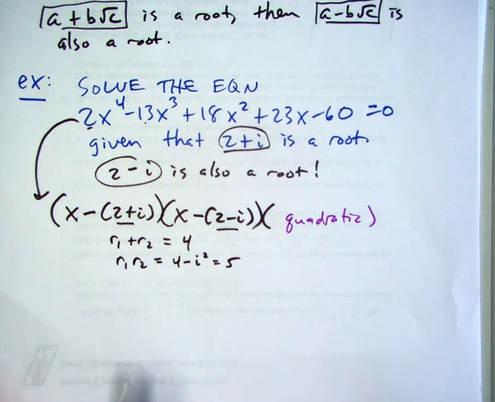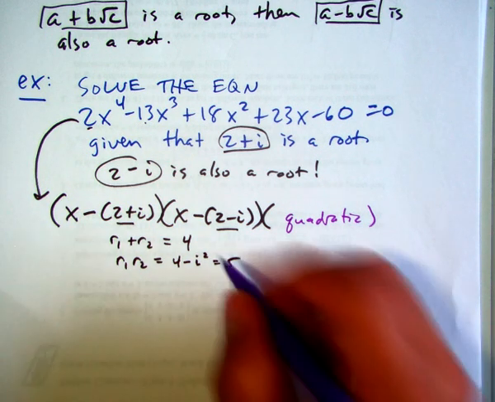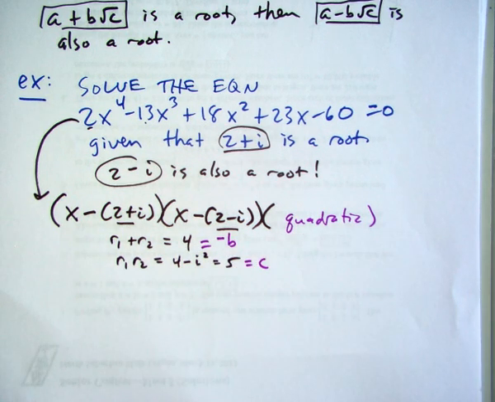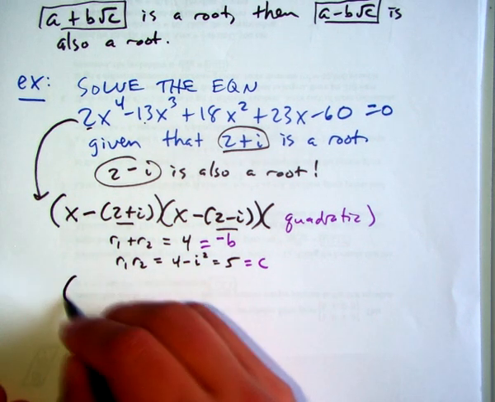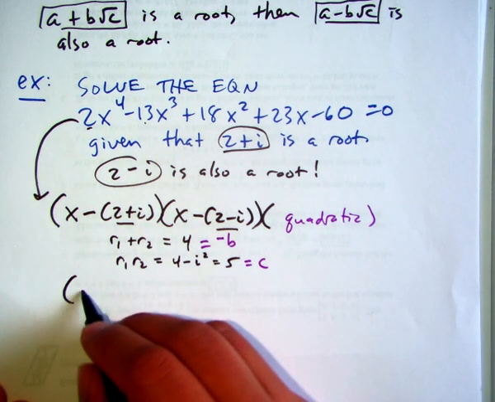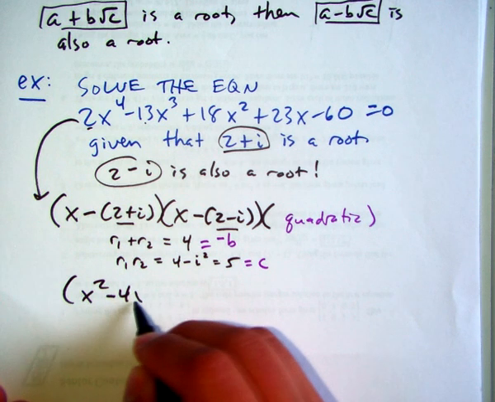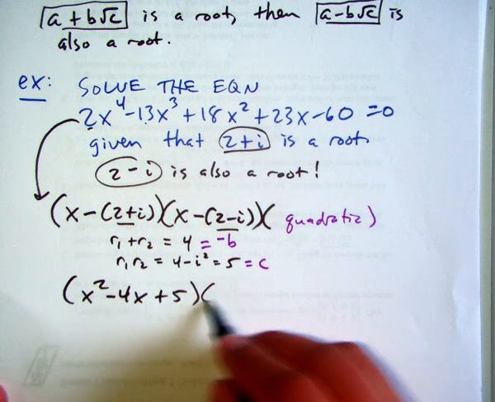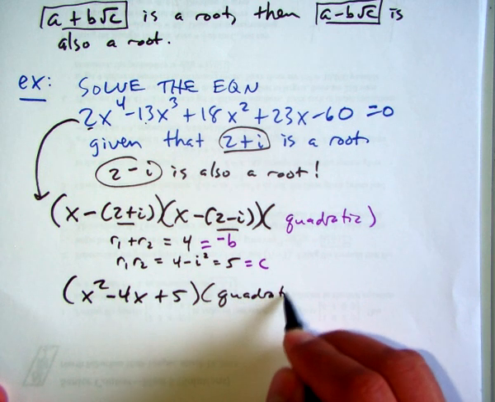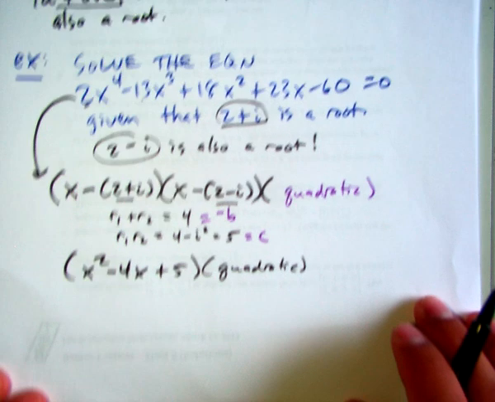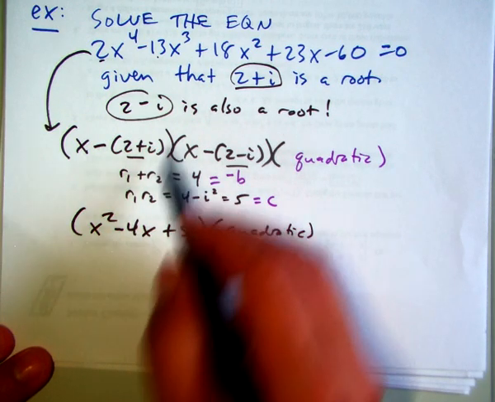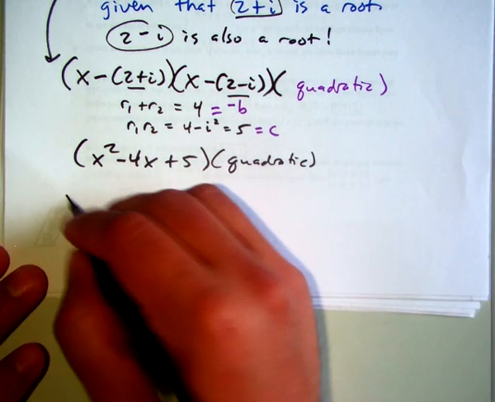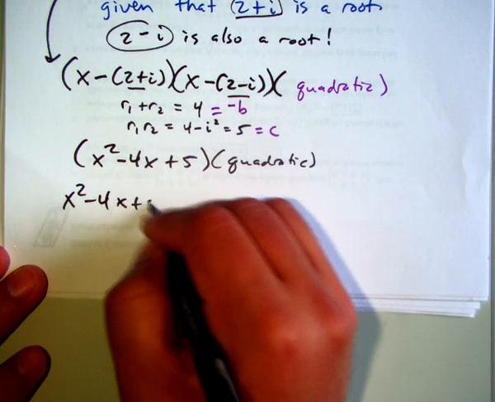And since we know that r1 plus r2 is negative b, and r1 times r2 is c, I'm just going to combine these two together to make x squared minus 4x plus 5. Okay, and now that I know that this quadratic divides perfectly into this quartic, I can go ahead and divide it with long division to figure out what that is.